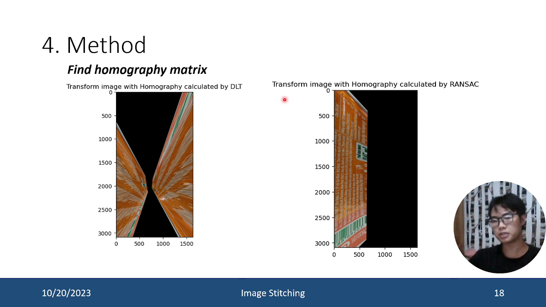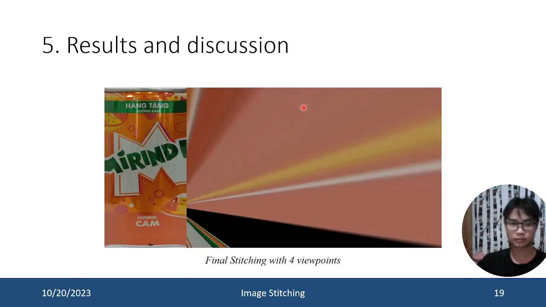But when using the RANSAC algorithm to find the homography matrix, the transformed image is really good, much better than the DLT method. So here is our result that we use in our project.